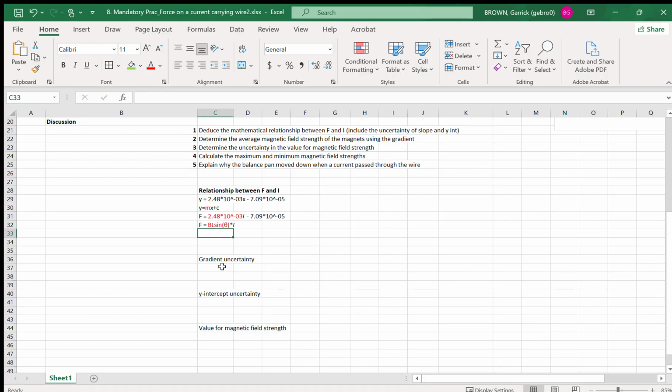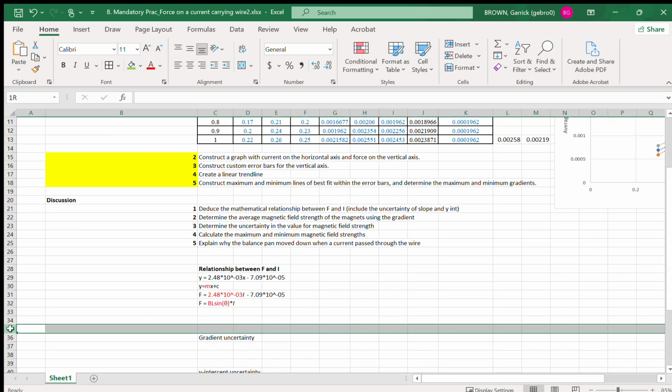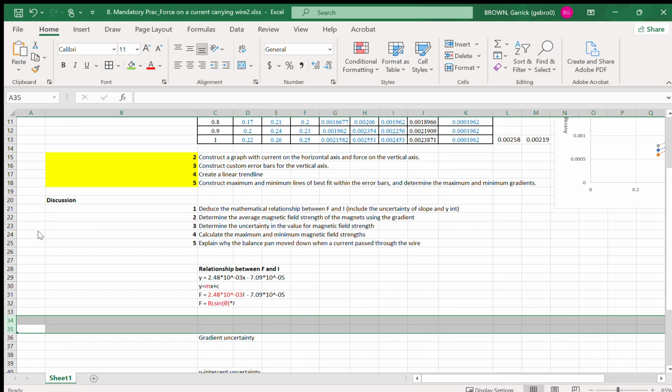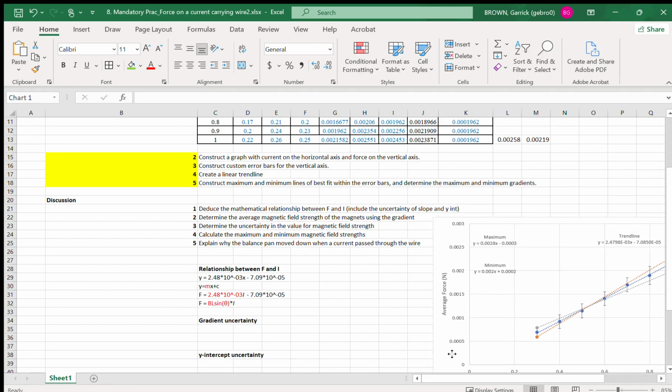So what I'm going to do now is go and determine the gradient uncertainty, and that will be like the range of uncertainty. It's going to be my maximum minus my minimum divided by 2. And the same goes for my y-intercept. So this, let's just determine those values. I'm going to bring this down here so we can have a look.